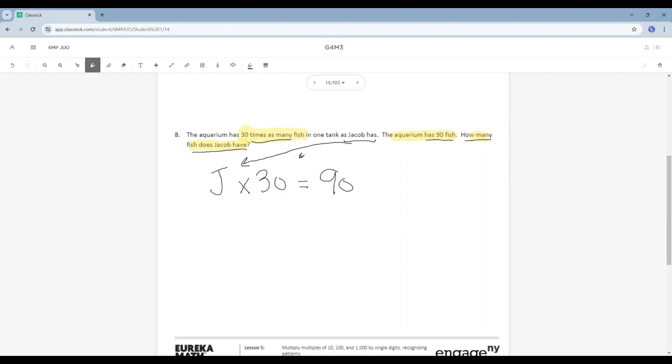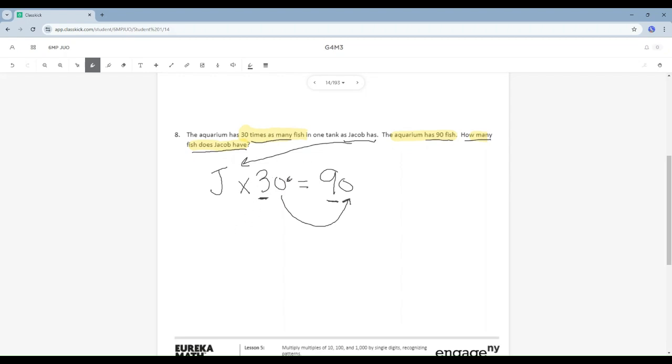And I need to use my understanding of how to multiply by tens, hundreds, and thousands, and some of those basic facts. When I look at this 3 and I look at this 9, I should be thinking, okay, what times 3 is equal to 9? And I take a look, I have a 0 here and I have a 0 here. So it's not going to be any sort of multiple of 10, 100, or 1,000, because that's provided to us in our word problem.